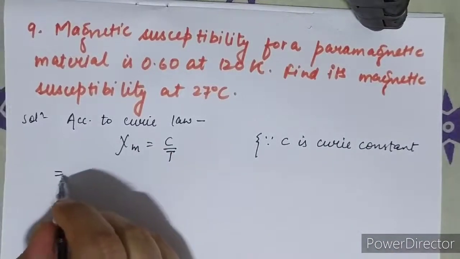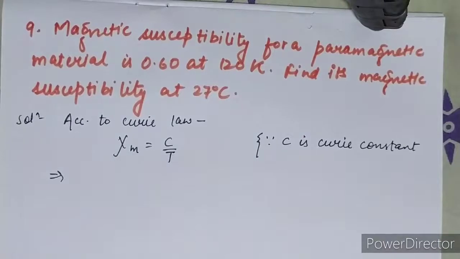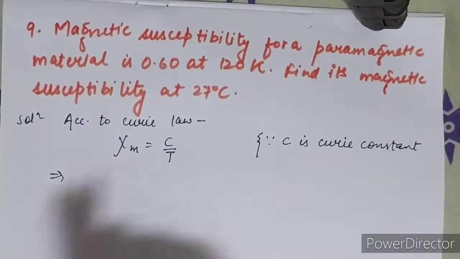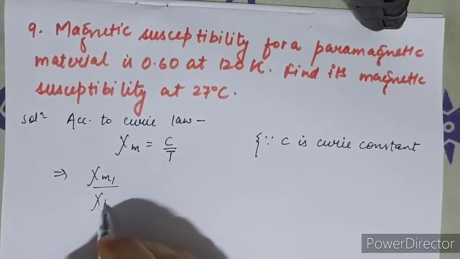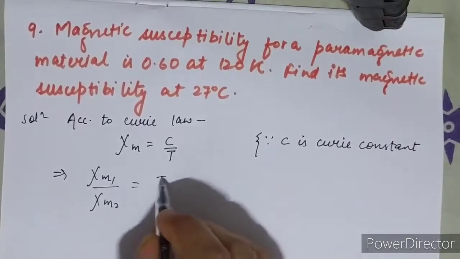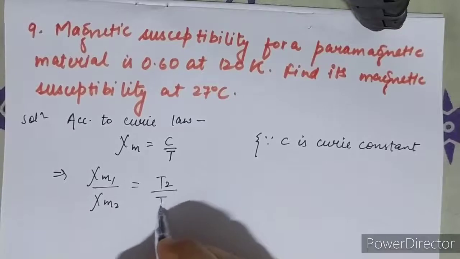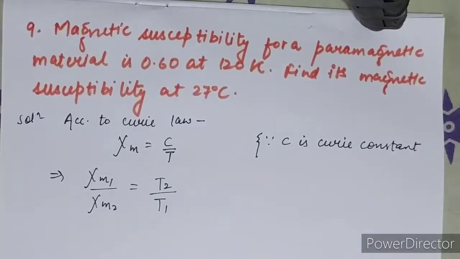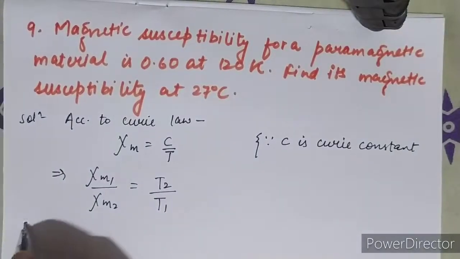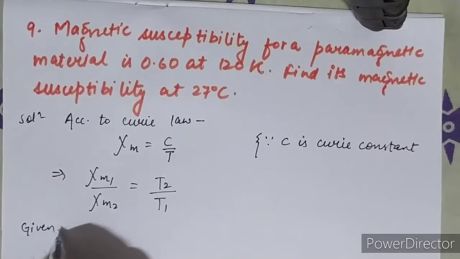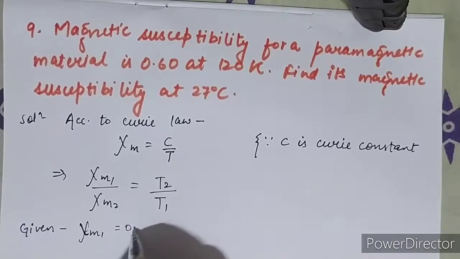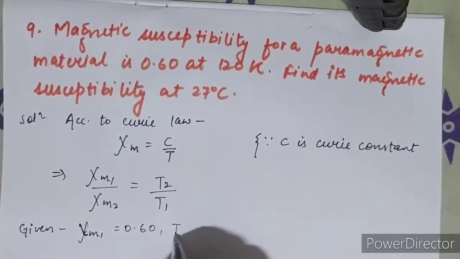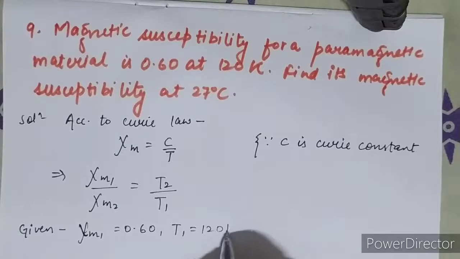So we have to calculate two values of magnetic susceptibility at different temperatures. I am just taking the ratio of the two magnetic susceptibilities. The ratio of temperature is T2 upon T1 because they are inversely proportional to each other. Now the values given in the question: the first susceptibility is 0.60 and its temperature is 120 Kelvin.